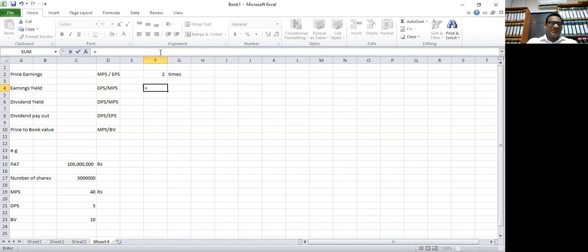Earnings yield is the opposite. EPS is 100 million divided by 5 million, which is 20, divided by MPS. That is 0.5 times, so you can say 50% also. Both are correct.